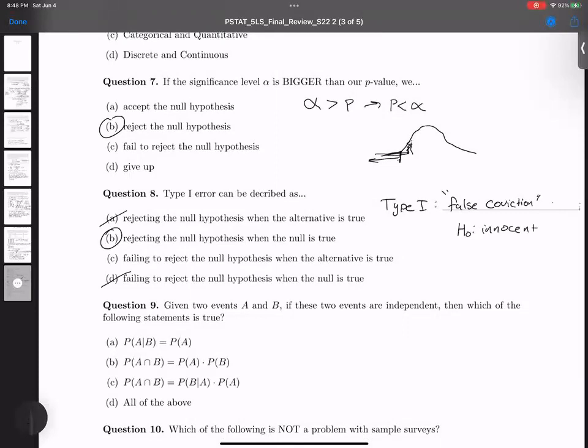And a false conviction then means that they were deemed guilty, but in reality, they were innocent. Deemed guilty, the alternative would be guilty. So you rejected the null, which means you went for the alternative, which means you thought they were guilty when the null was actually true, that they were innocent. So yeah, it is B.